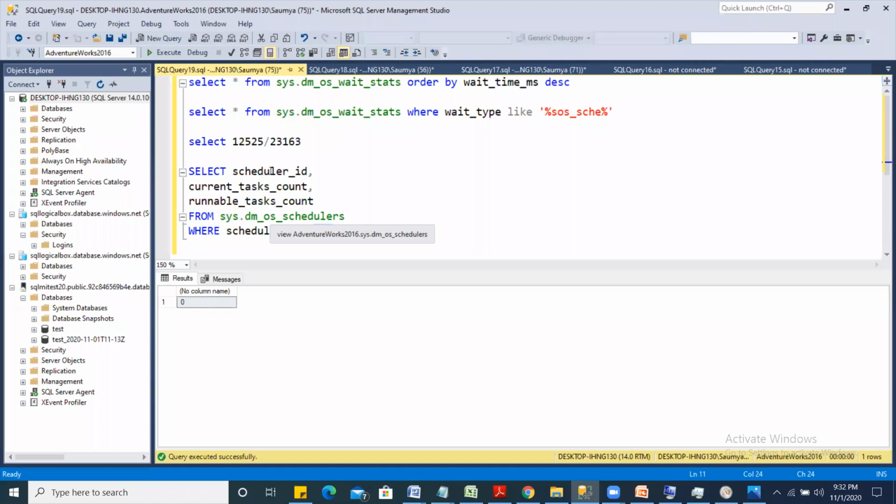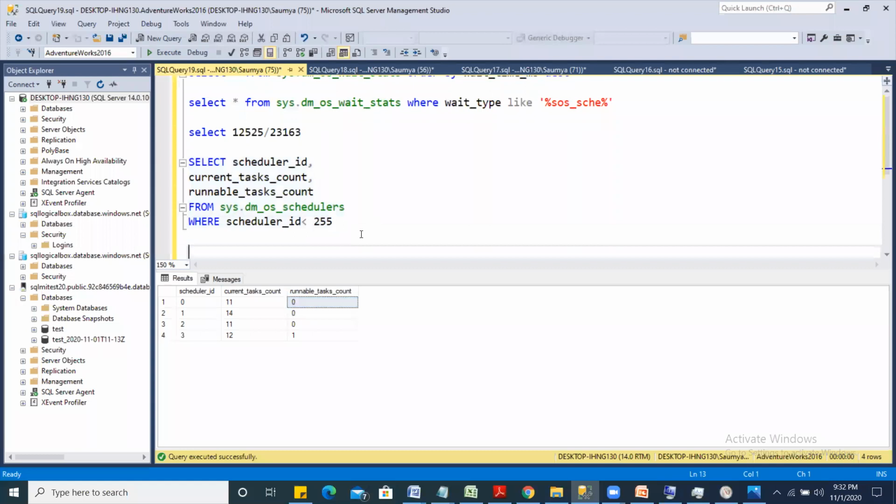Now I will check each scheduler ID, and under that, how many current tasks are there, and then how many tasks are in runnable state, right? So if I see a high value against the runnable task count, it denotes CPU pressure, because the worker is assigned, but it is waiting for the assignment of quantum, because CPU quantum is not free. That's why I will see a high value under the runnable task count, right?